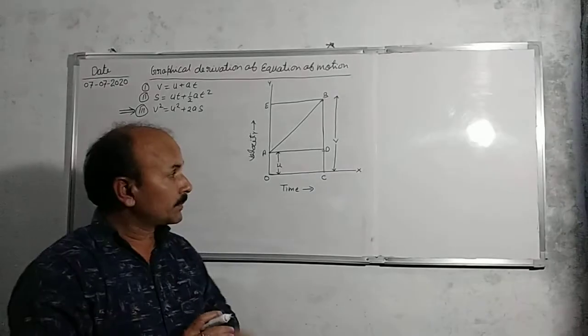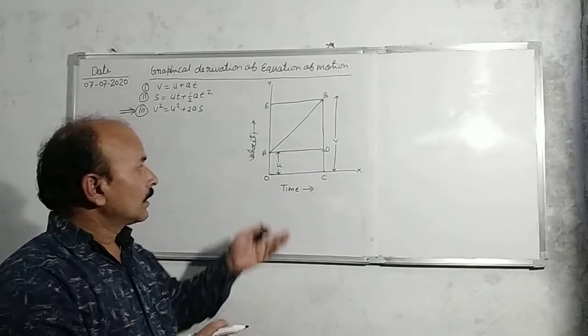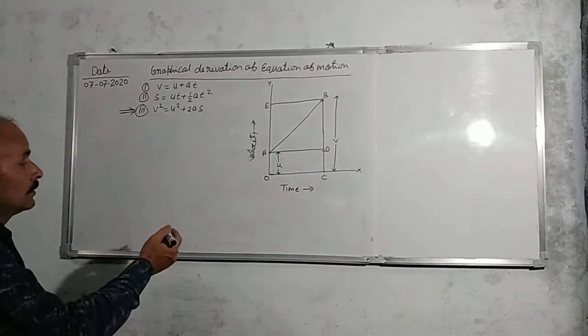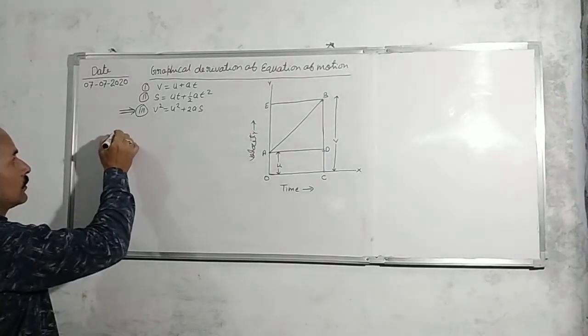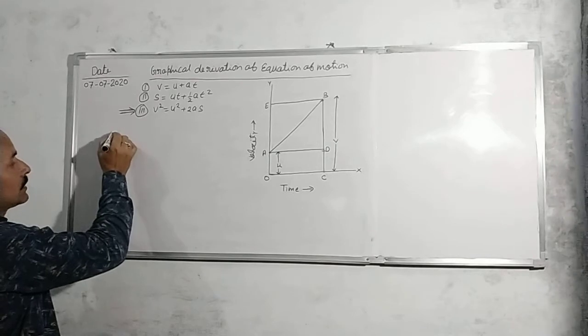That is the graphical representation of any object moving with uniform acceleration in a velocity time graph. After that, using the velocity time graph, you can derive the third equation of motion. So how can you write down the statement?